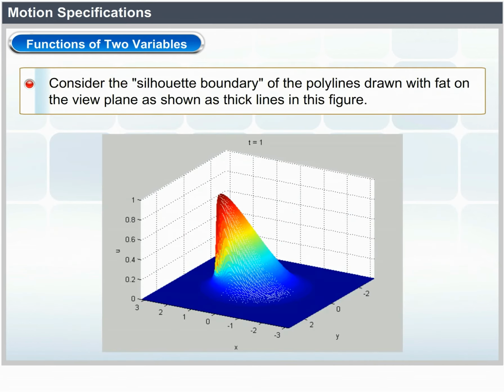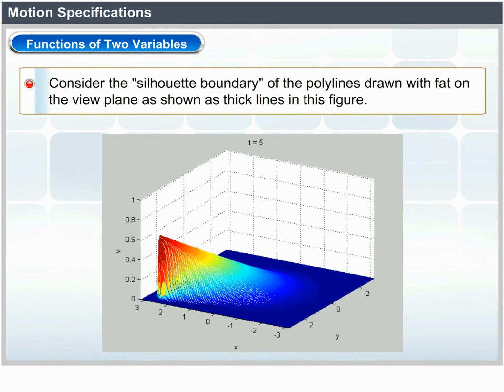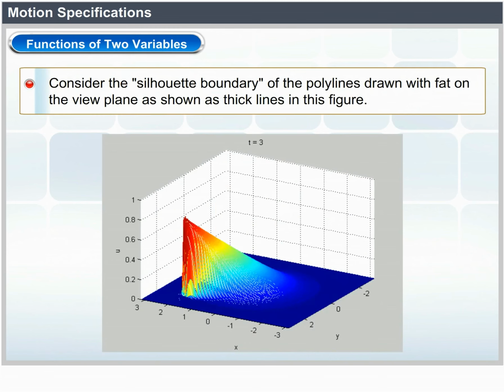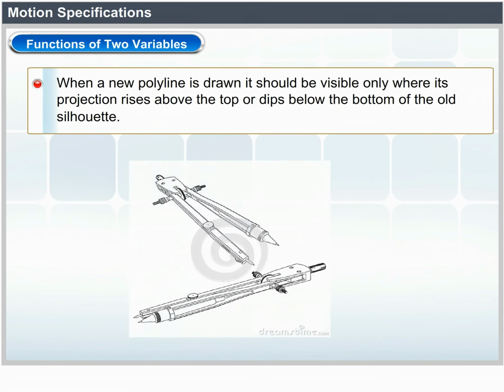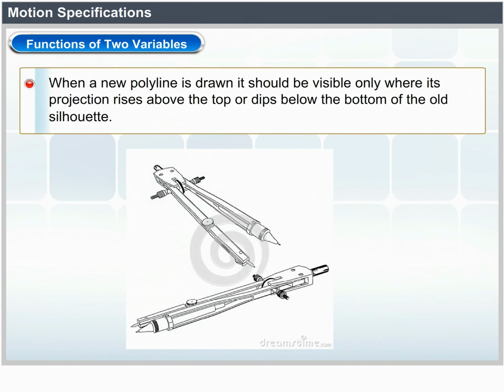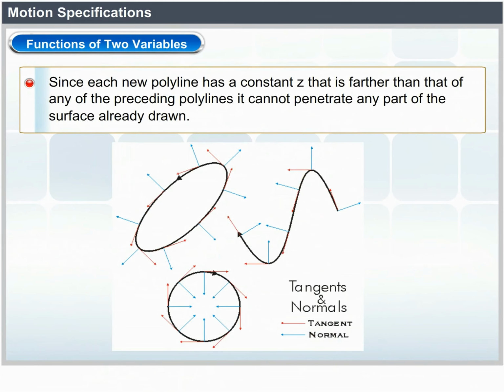Consider the silhouette boundary of the polylines drawn thus far on the view plane, shown as thick lines in this figure. When a new polyline is drawn, it should be visible only where its projection rises above the top or dips below the bottom of the old silhouette. Since each new polyline has a constant z that is farther than that of any of the preceding polylines, it cannot pierce any part of the surface already drawn.